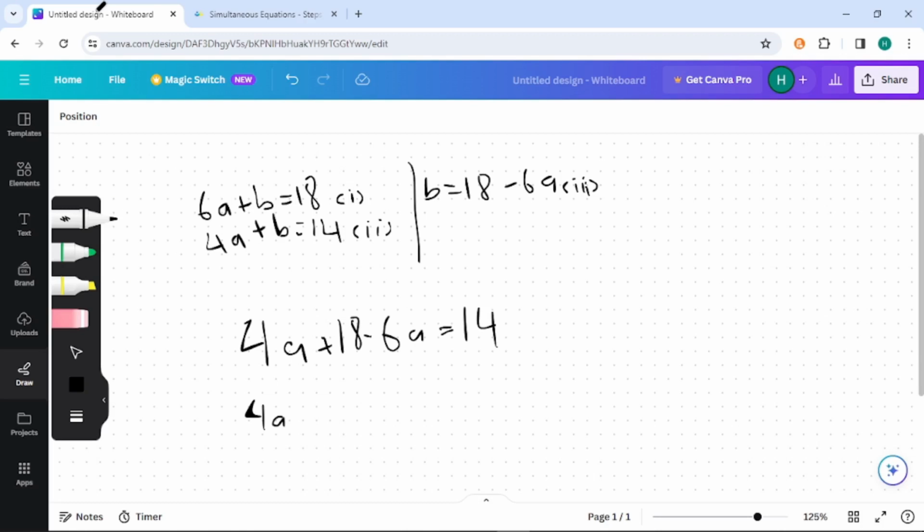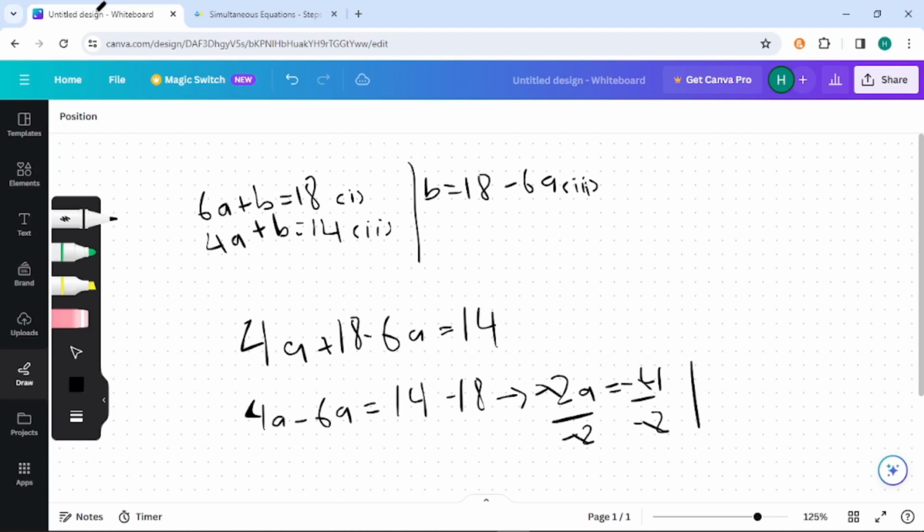So it's going to turn into 4a minus 6a equals 14 minus 18, which is going to turn into -2a equals -4. And then I can divide both sides by -2, which gives me a final result of a equals 2.